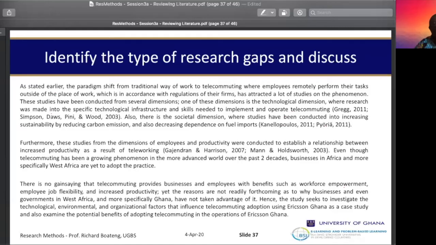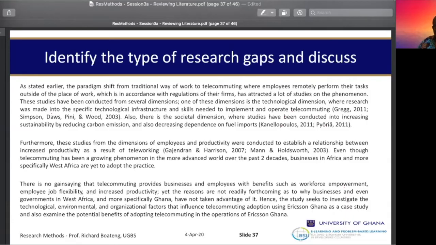Yet, the reasons are not readily forthcoming. Oh my, he's saying the reasons are not yet readily forthcoming. We don't know why businesses and even governments in West Africa, and more specifically Ghana, have not taken advantage of it. Interesting. So you see that he's pointing out another gap.